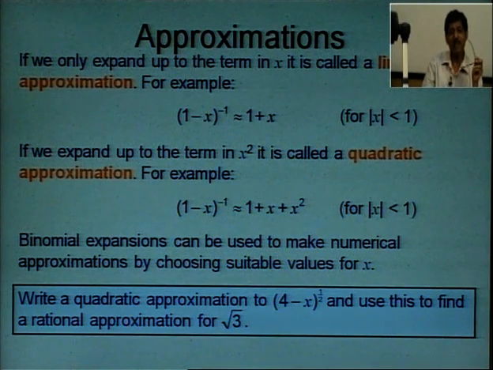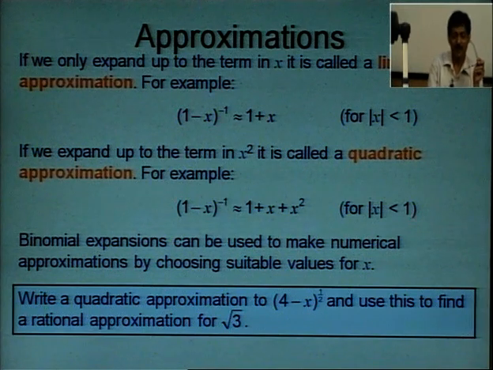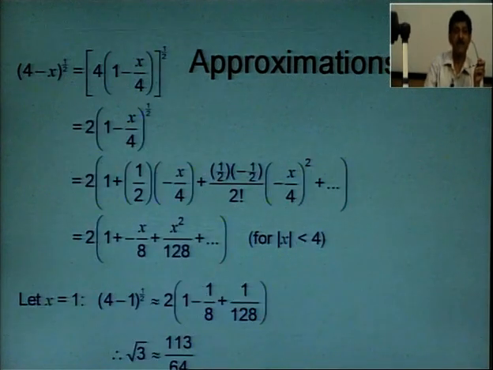But as an application of this expression, let us see what we get. So, we consider for example 4 minus x raised to power half, and obviously I want to get the value of 3 raised to power half. So, ultimately I will choose x equal to 1. Let us see what we get in this case.